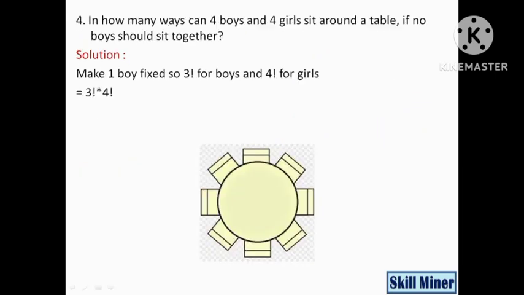In how many ways can 4 boys and 4 girls sit around a table if no boys should sit together? The condition is that no boys should sit together, which means boy 1 is sitting here, boy 2, third boy, fourth boy, and girl 1, girl 2, girl 3, girl 4.